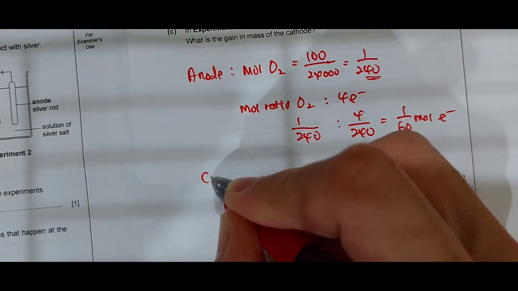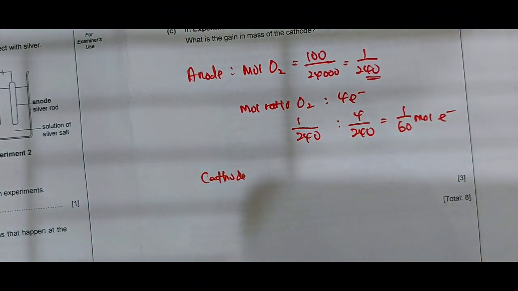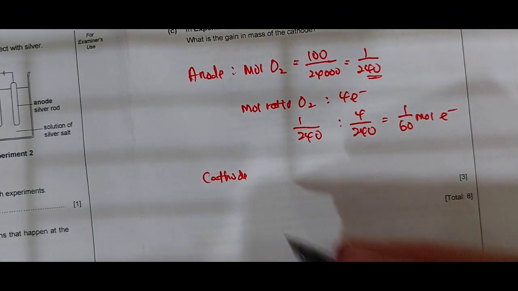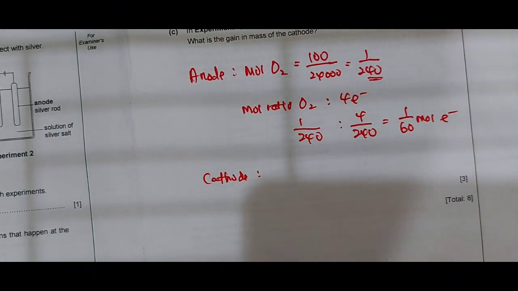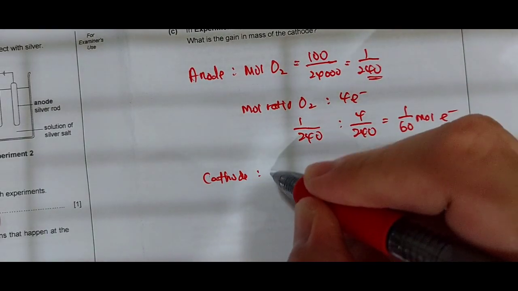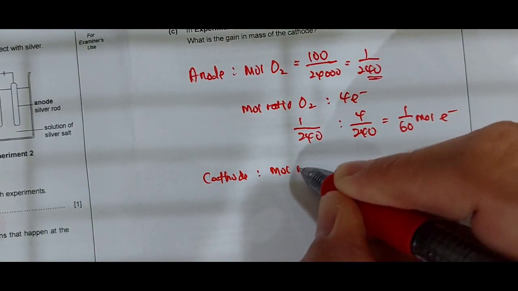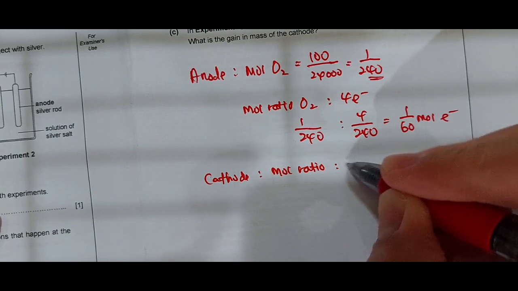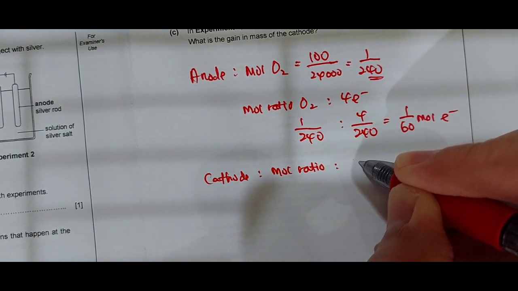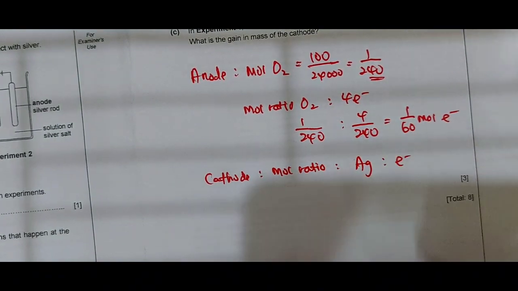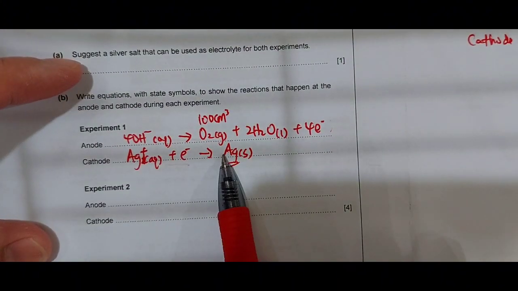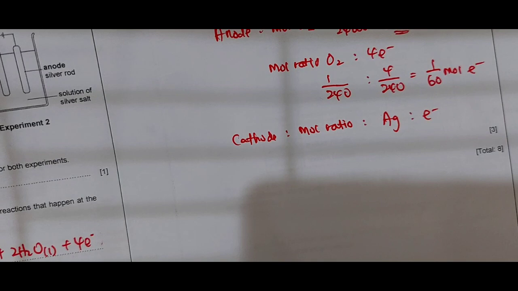And then there will be the same number of mole of electron at the cathode, because the charges flowing at any part of the circuit will always be the same. So for the cathode, the mole ratio of silver and electron is 1 mole to 1 mole, 1:1.